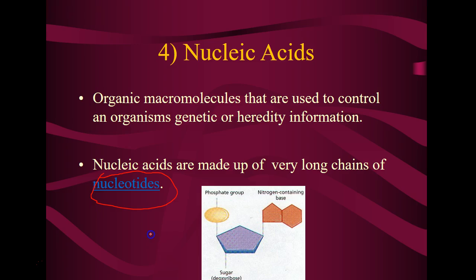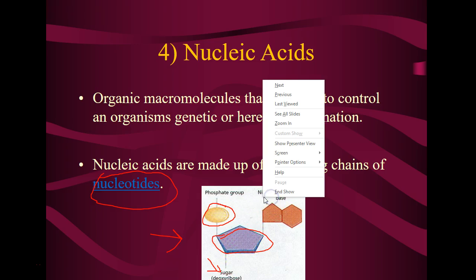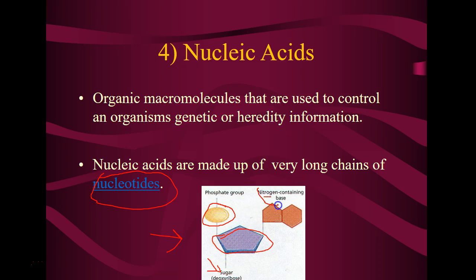And over here is a picture of what a nucleotide looks like. It's made up of a sugar. That sugar in this case is called deoxyribose. It's made up of a phosphate, and then it's made up of a nitrogen base.